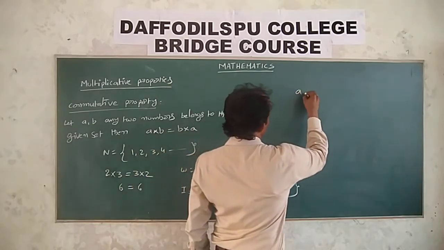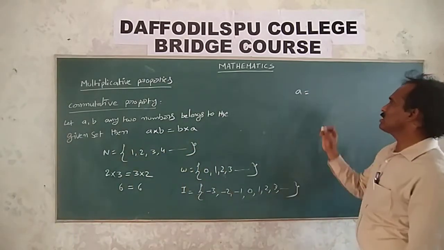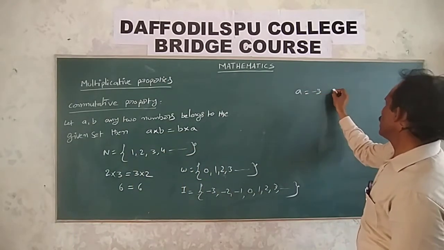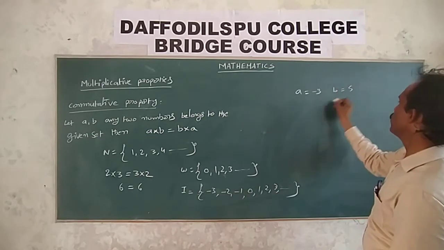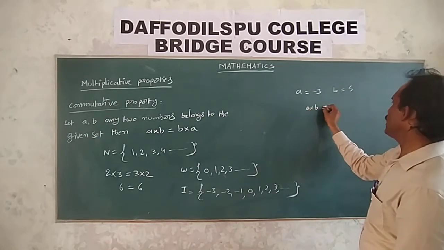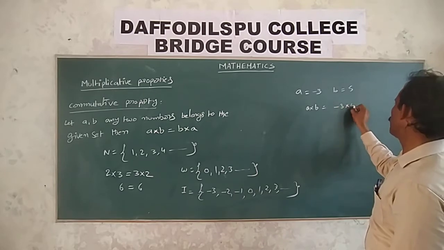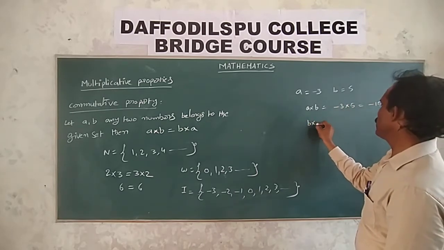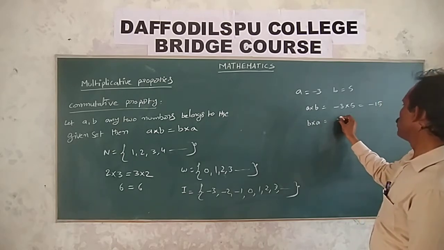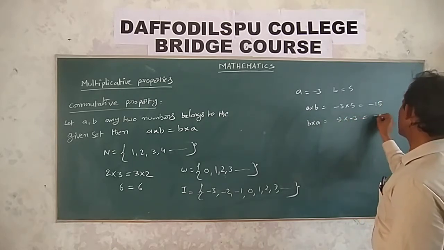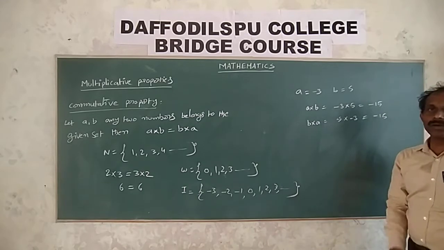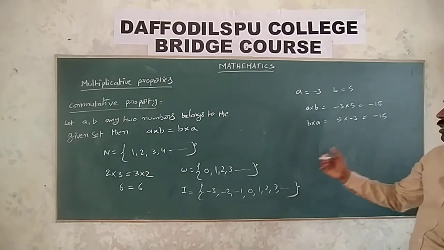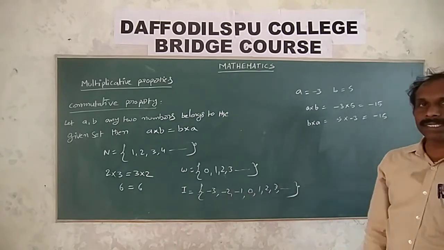Let A be minus 3 and B be 5. What is A into B? Minus 3 into 5 is equal to minus 15. B into A is equal to 5 into minus 3, that is also minus 15. So the commutative property is satisfied for integers also.